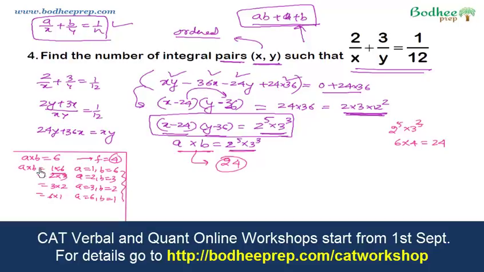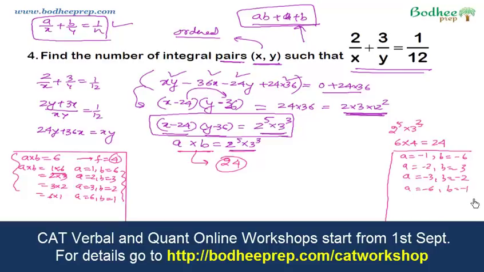If a and b are any integers, then we could have also taken the value of a to be, say, -1 and the value of b to be -6, that is both negative, or -2 and -3, or -3 and -2, or -6 and -1, right?